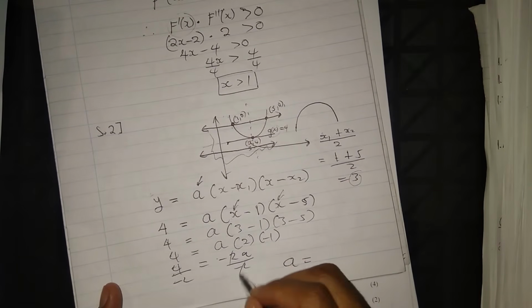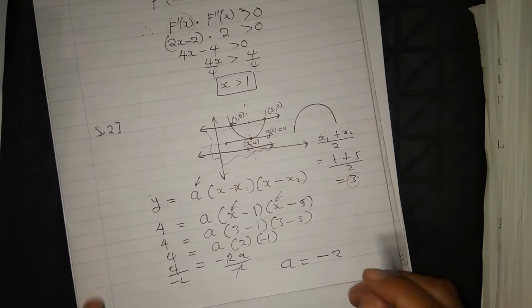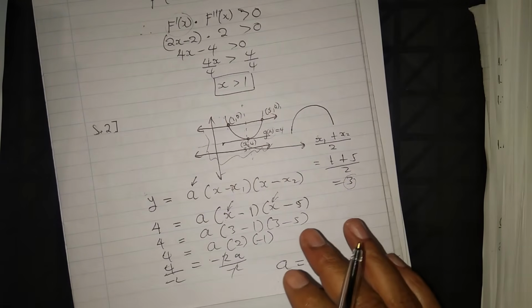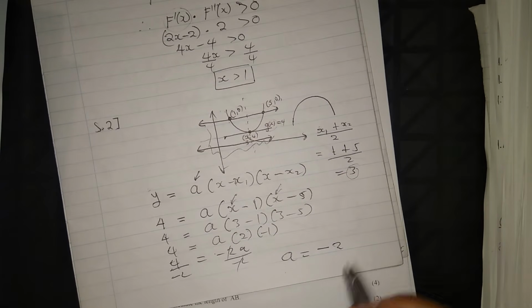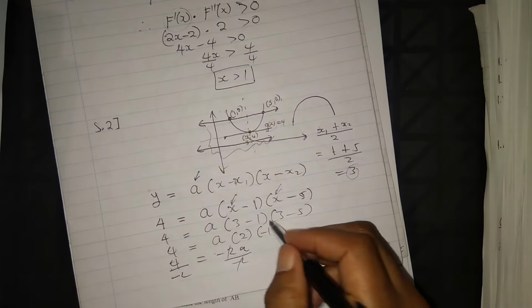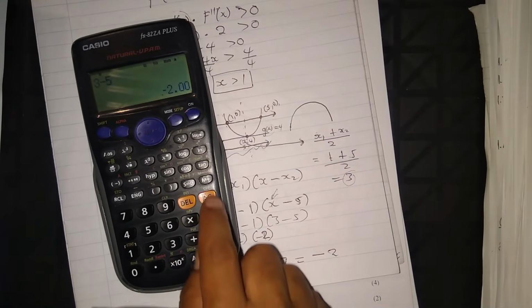So a is equal to negative... It's -2. Yes, it's -2.